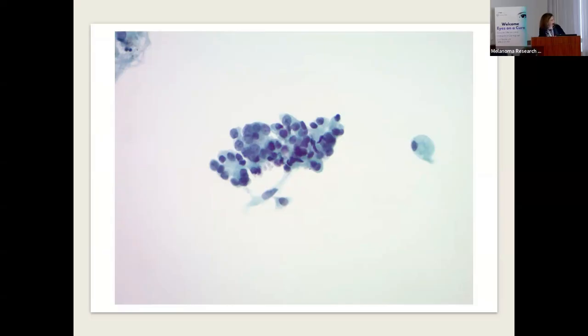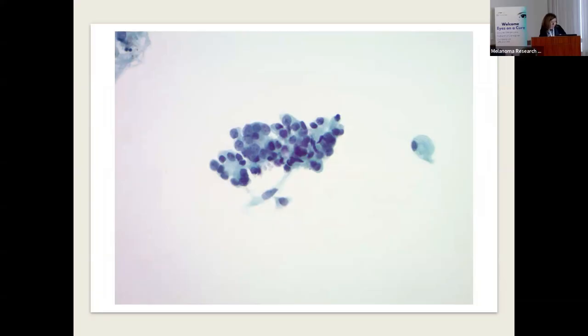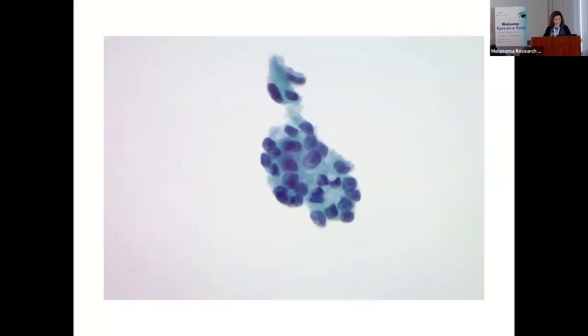This actually looks like it might be making a gland. It's got nuclei around the edge, and in the center there's a hole. It's enough to raise our suspicion. Something weird is going on here. This is not typical of melanoma.